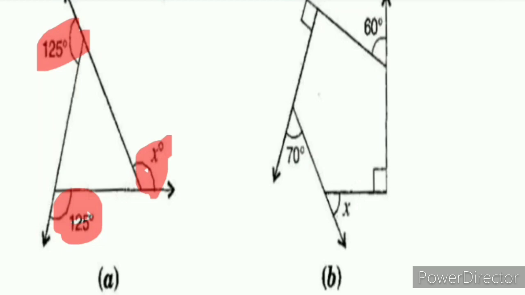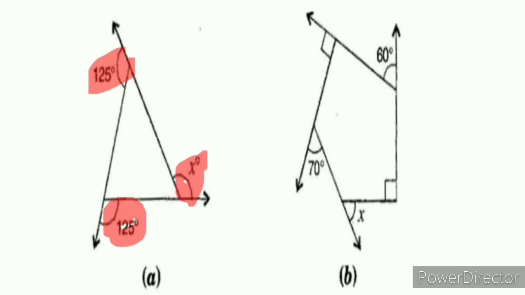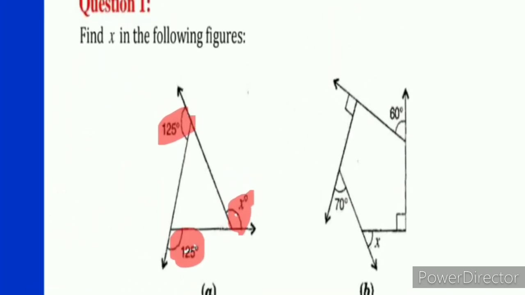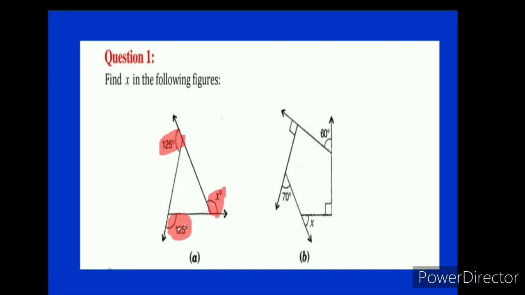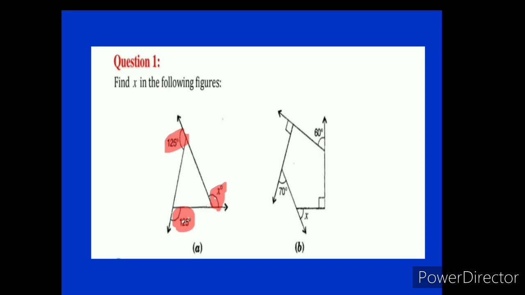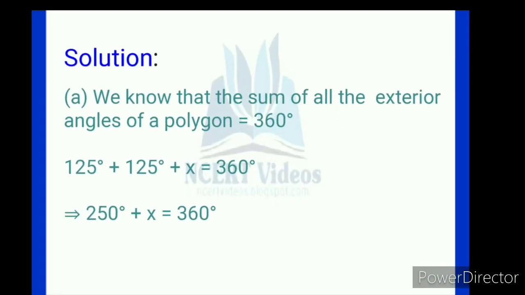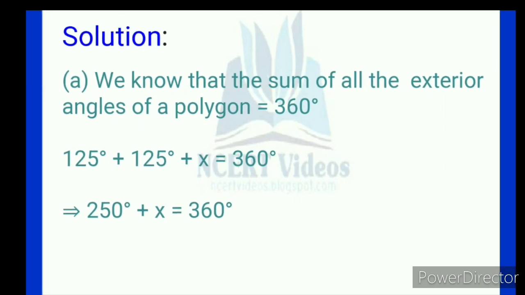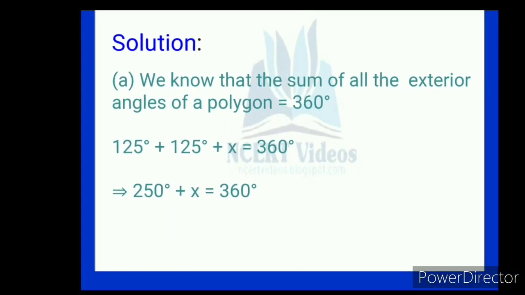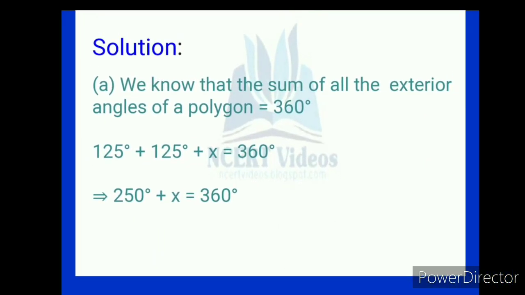We know the exterior angle property of a polygon: the sum of all exterior angles of any polygon is 360 degrees. It is a three-sided polygon, so it is called a triangle. Here exterior angles are given, so we should add all the three angles and equate to 360 degrees.